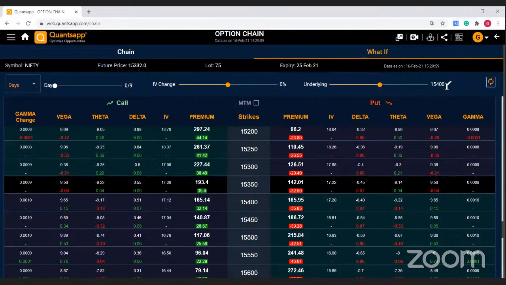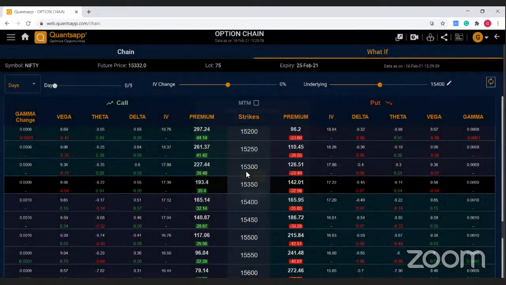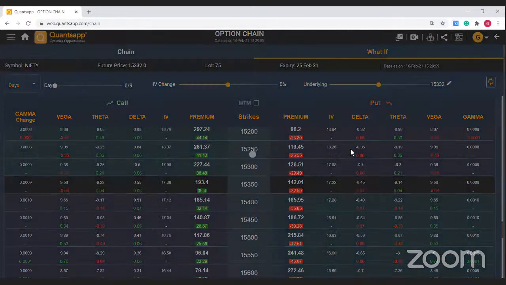So Nifty was at, suppose, 332, I think. So this is what the current Nifty price is.